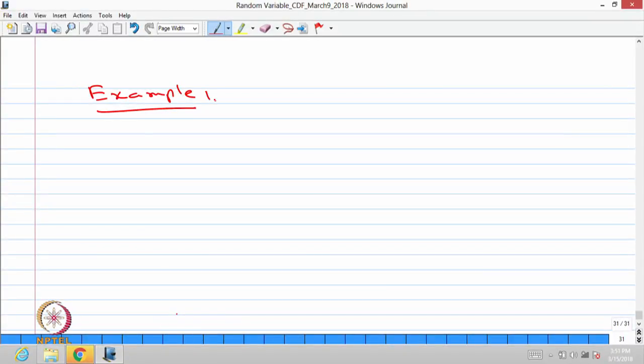of how to find the nth order moment for some random variable which is of the continuous type.